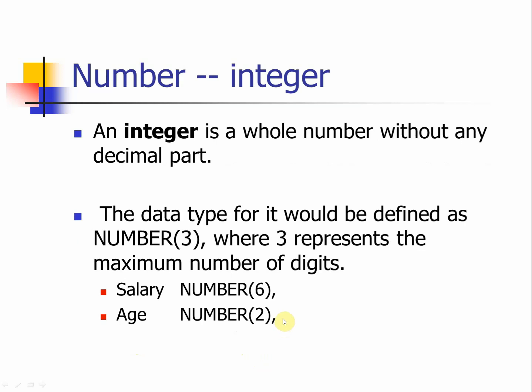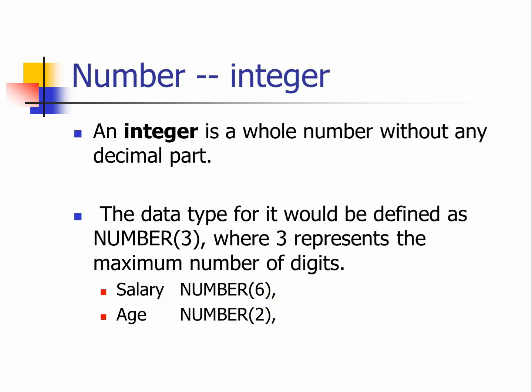Number. The number type has several variations, and it is very interesting to take a look at this. An integer is a whole number without any decimal part, so you all know that. Therefore, if you want to define some integer numbers, what we can do is simply put number with parentheses indicating how many digits you will need for that integer. So salary number, parenthesis with 6, can hold 6 digits.